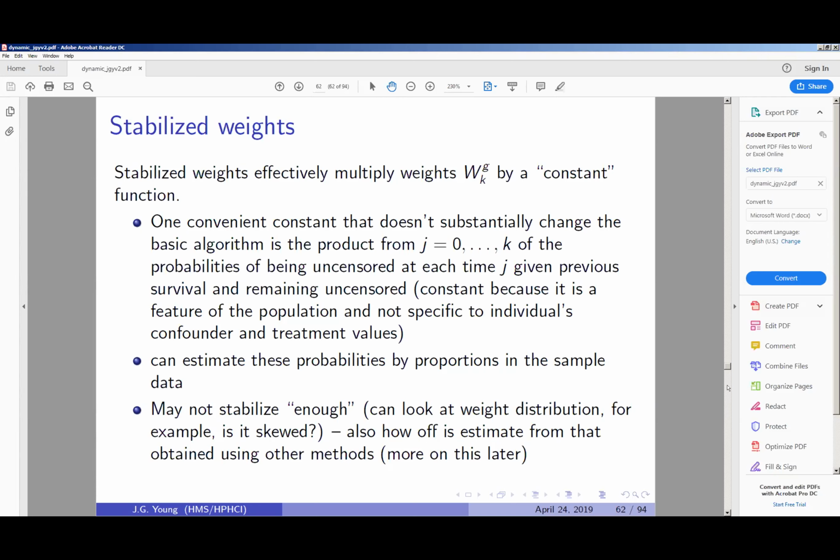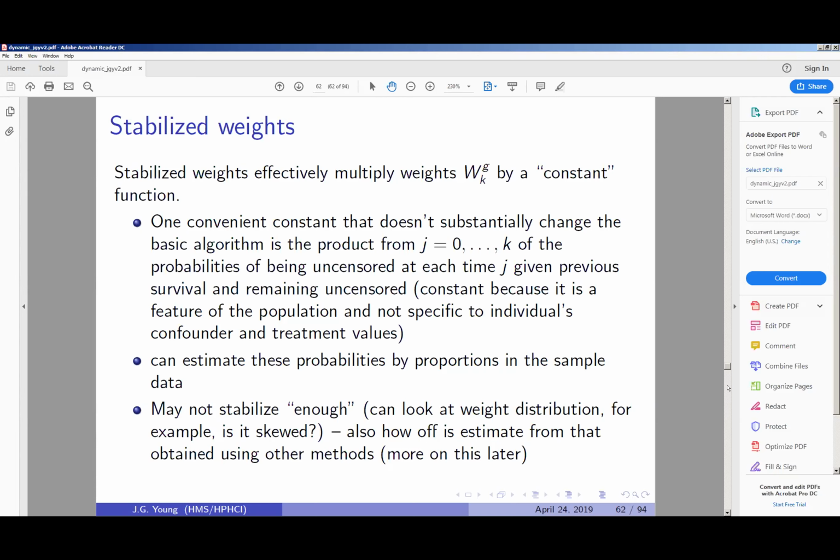Here you can see, for example, in the dynamic strategies case, this individual is actually following both strategies up to a certain point, right? He's artificially censored, he's following 350 to here, and he's also following 450 all the way through. So for these first 3 months, he's contributing to the hazard estimate under both 450 and 350.